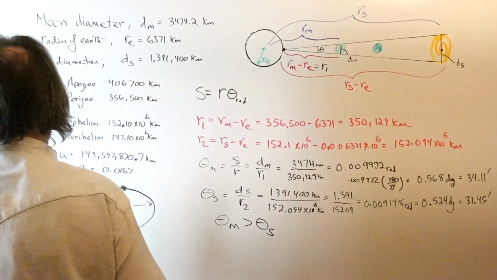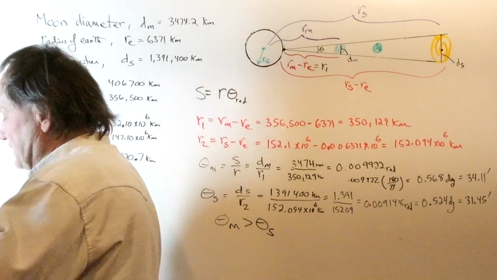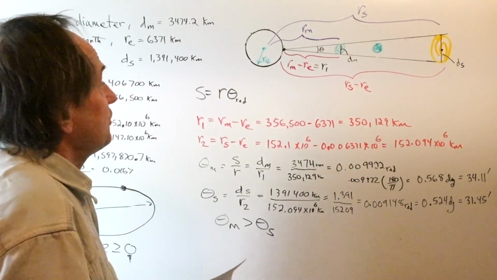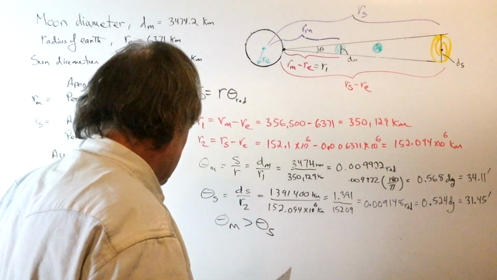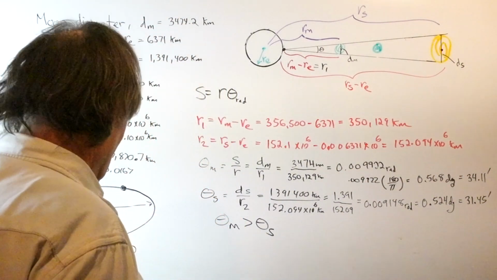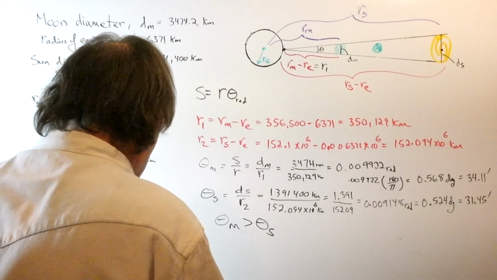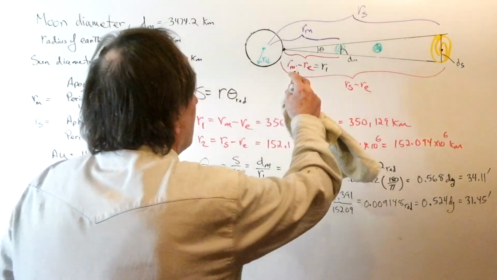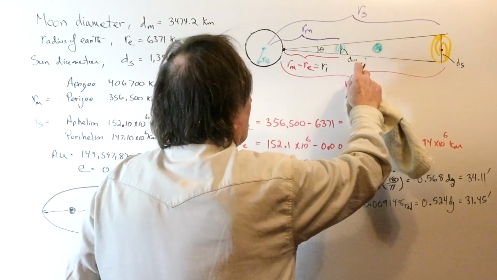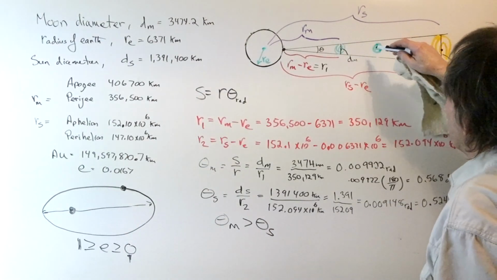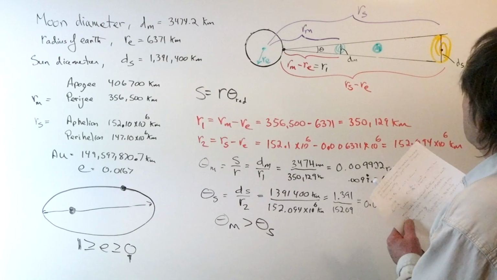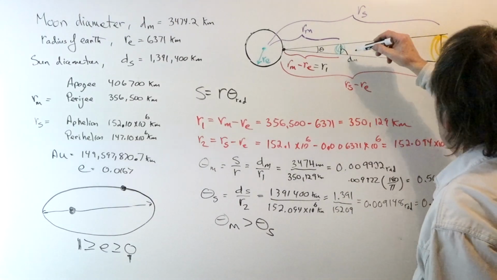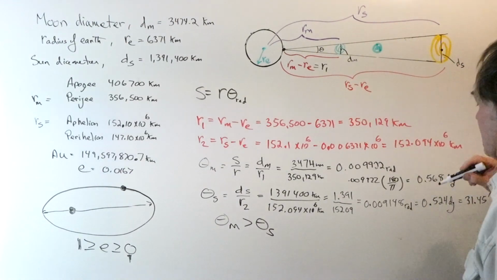The way we do that is, we want to find how far away the moon needs to be from the Earth so that its angular size just covers, or is exactly the same size as the sun.